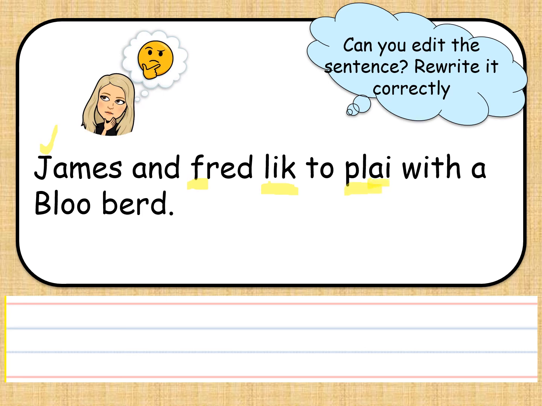I wonder if this is the correct A. With a blue, that sounds right as well, B-L-U. But I wonder if that's the right oo sound. And bird, B-E-D, bird. Again, it sounds right, but doesn't quite look right. So I want you to have a go at fixing the spelling in this sentence, rewrite it on a piece of paper, and then once you're ready, we'll go through it together.